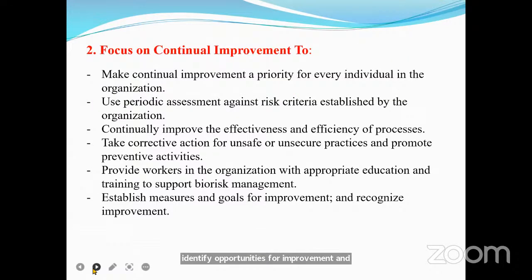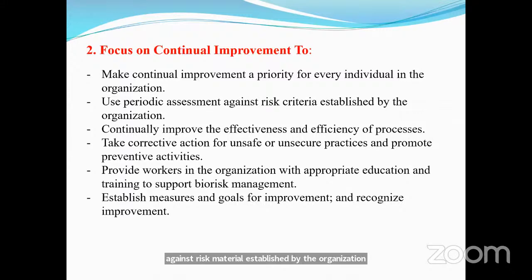The second factor focuses on continual improvement: make continual improvement a priority for every individual in the organization, use periodic assessment against risk criteria established by the organization, and continually improve the effectiveness and efficiency of the process.